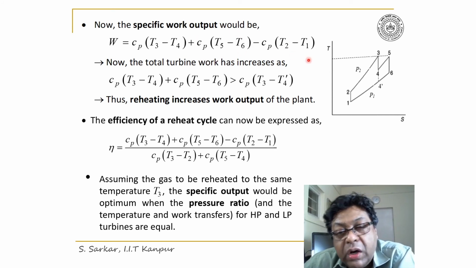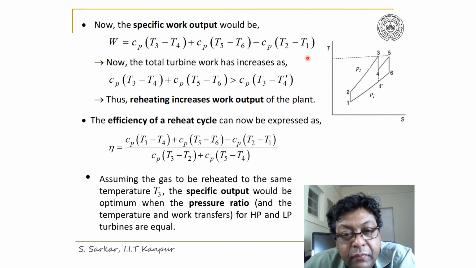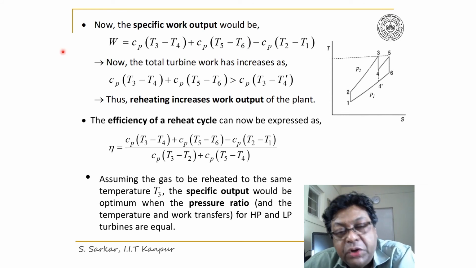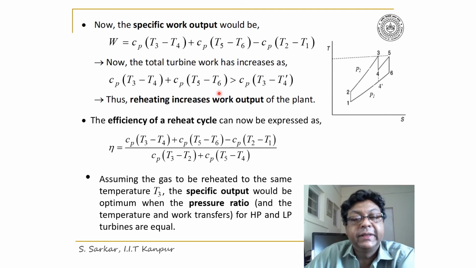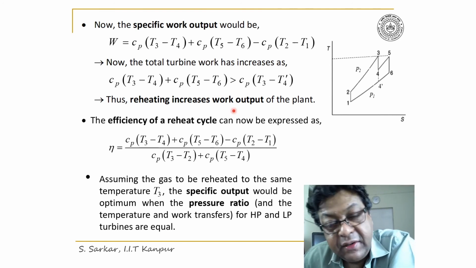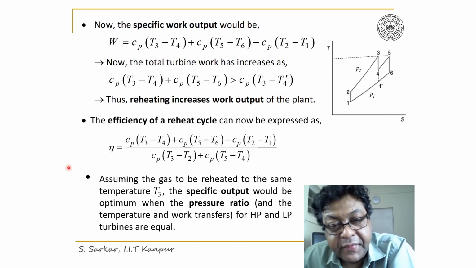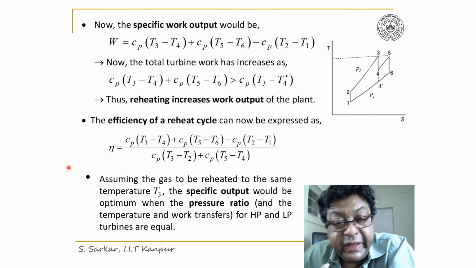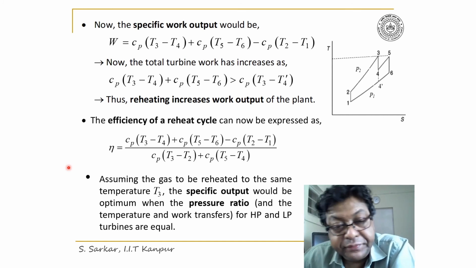Minus compressor work is equal to Cp into T2 minus T1. Now look here, the total work, Cp into T3 minus T4 plus Cp into T5 minus T6, the summation must be greater than Cp into T3 minus T4 dash. Thus, because of reheating, the work output has increased.